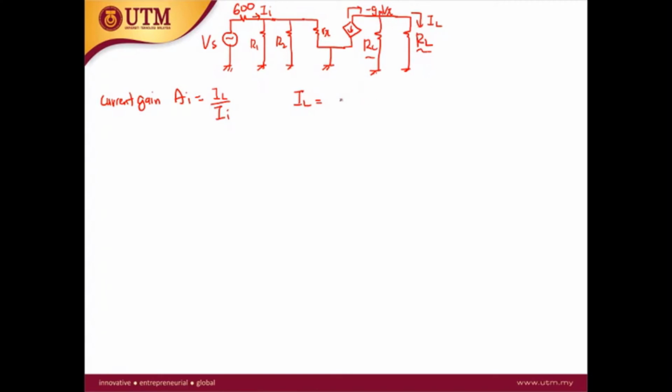So IL is equal to RC over RC plus RL times minus gm V pi. So you insert the values. So minus 91.15 times 4.3 divided by 14.3.